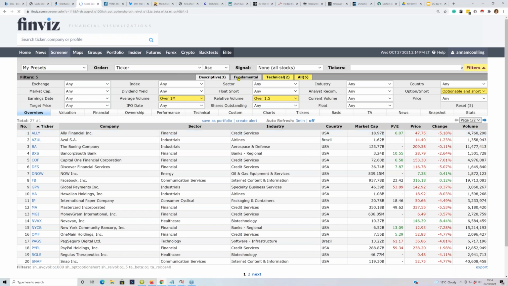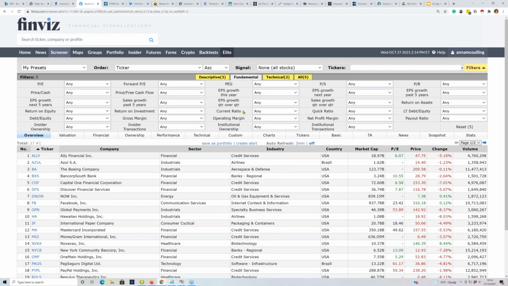But you can also filter on the fundamentals. And the reason I looked at FinViz a little bit more closely is because I had an email from someone. I'm not sure if they're with us today, but he wrote to me, a very nice email. He really appreciated these sessions, and particularly highlighting and introducing the FinViz website.